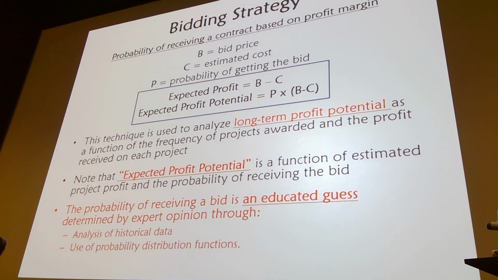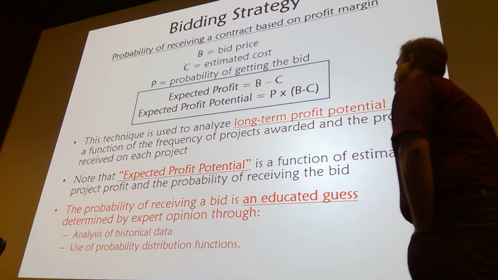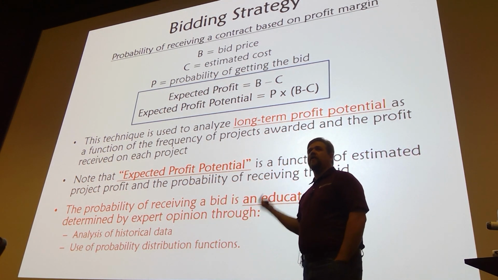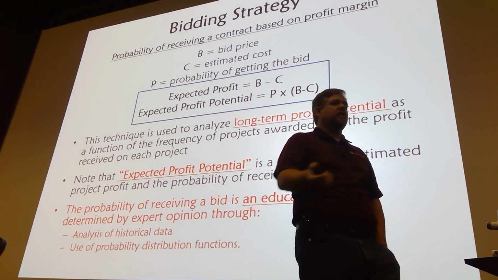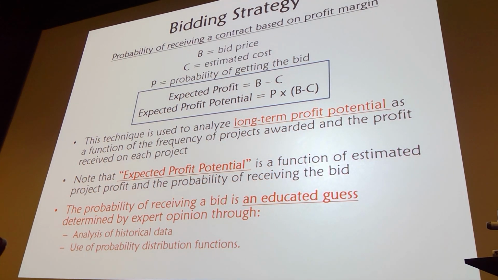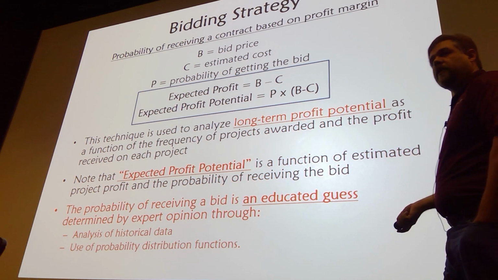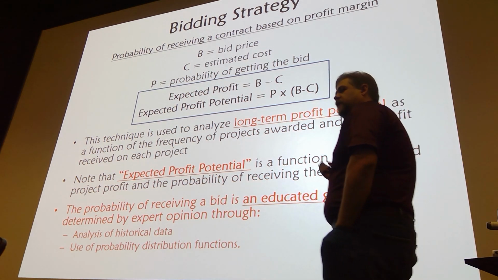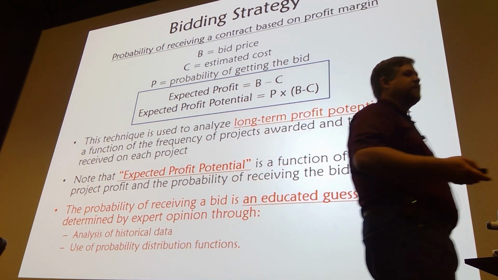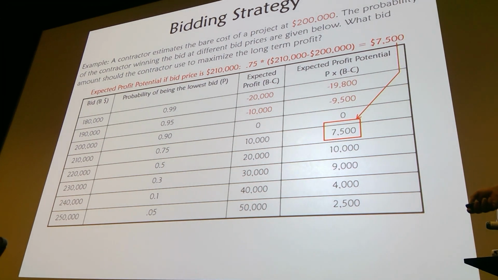All right, so then we got into a couple of different strategies for determining fee. And the first set of examples I gave here, I used a concept that we call expected profit potential, where we factored in the difference between what the job's going to cost and what we're bidding it at, and then multiplied in the probability. It came up with an expected potential profit.